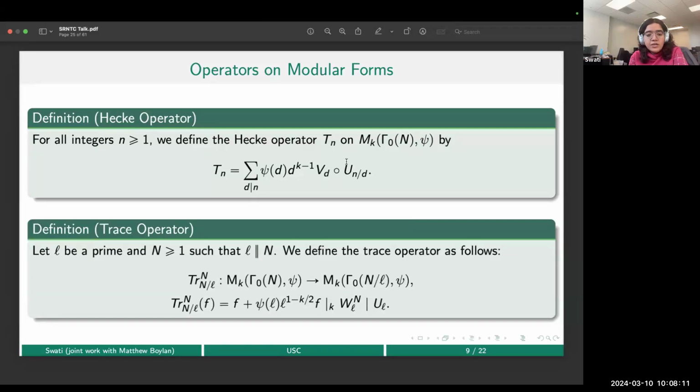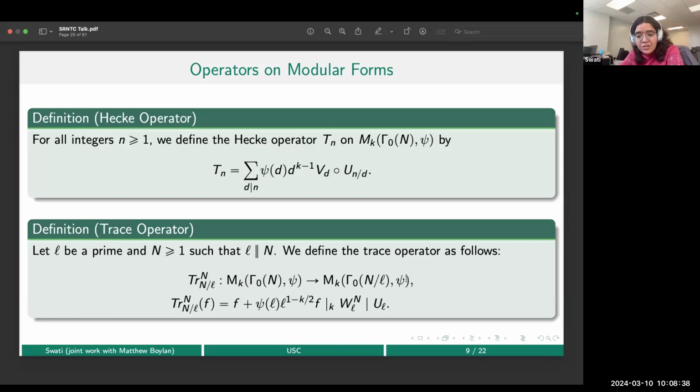Now, one important family of operators that we use in our work is the trace operator, which is important in our case due to the level lowering phenomenon. If we take l to be a prime, N a positive integer, and l exactly divides N, the trace operator takes a modular form of weight k and level N and drops the level by a factor of l.